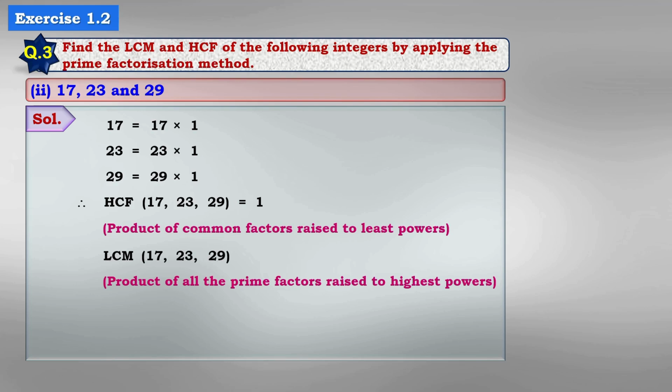So here 17 into 23 into 29, we have to consider all these numbers, and no need to consider 1, because whenever you are multiplying 1, you will always get the same number. So we got LCM as 11,339.